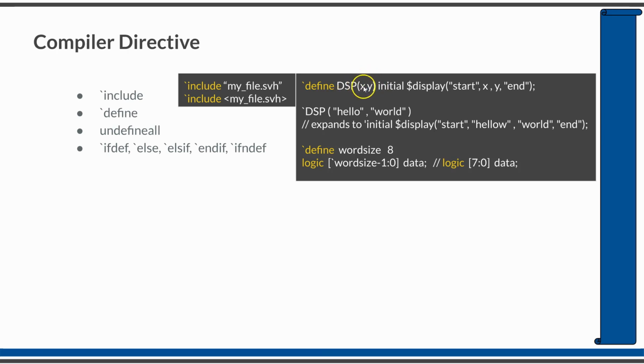So in this case, this macro DSP is taking two arguments, X and Y, and this macro is saying initial $display start X, Y, end. So what happens is, after defining this macro DSP, if you use this macro `DSP somewhere in your code with a set of arguments, say for example hello and world, then when the compiler is expanding this macro, it will be equivalent to writing this set of code with these X and Y values replaced by these two values.